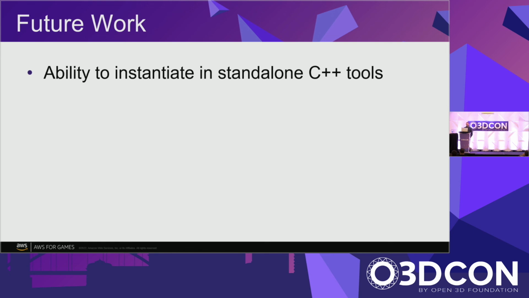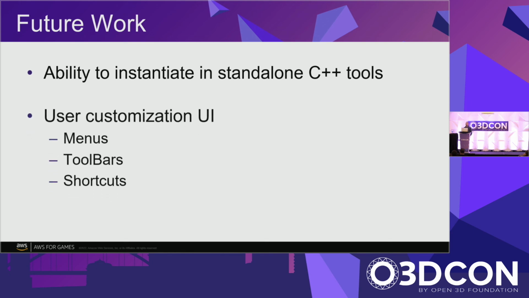And the same would happen with Python tools down the line. And then user customization. It is not really about editor extensibility, but of course a big part of menu, toolbars, and hotkey systems is the ability for users to customize their workspace. And so that is also something that is going to be worked on as part of this effort.